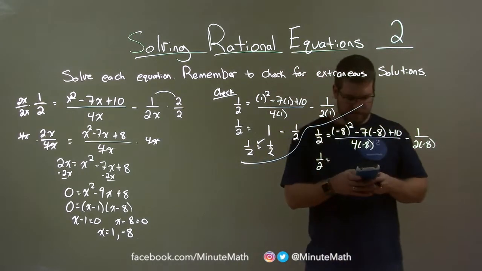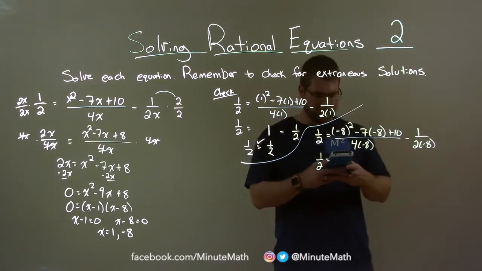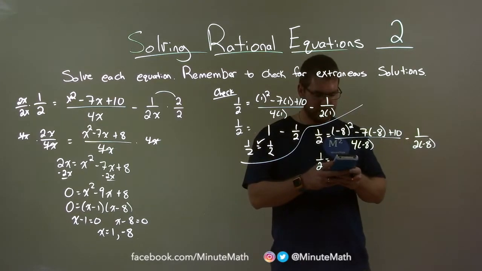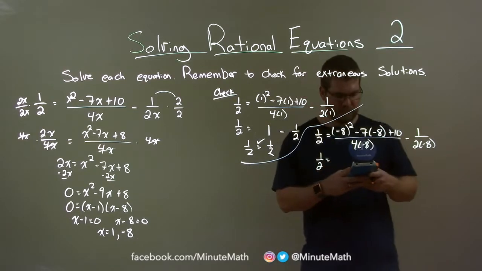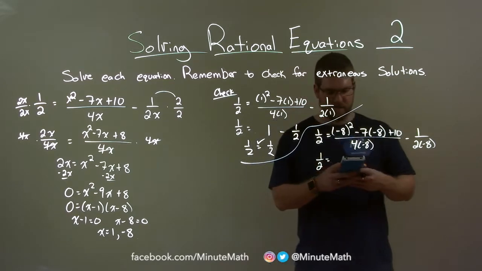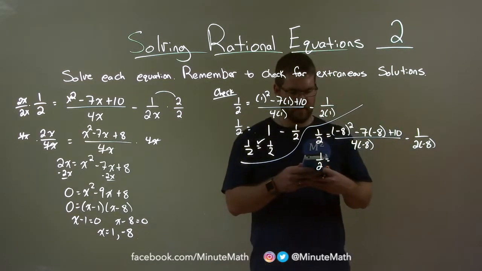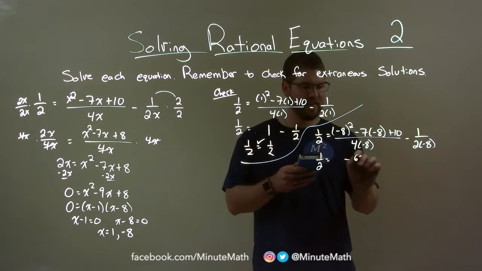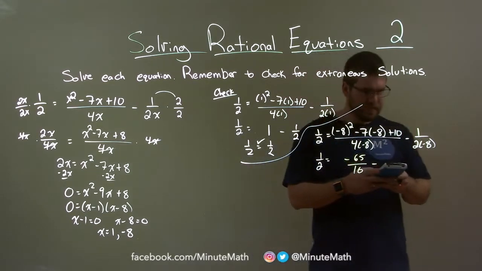This fraction, a little more complicated: negative 8 squared minus 7 times negative 8 plus 10 divided by 4 times negative 8. And that as a fraction is negative 65 over 16. I might have to check that answer, but we'll see.